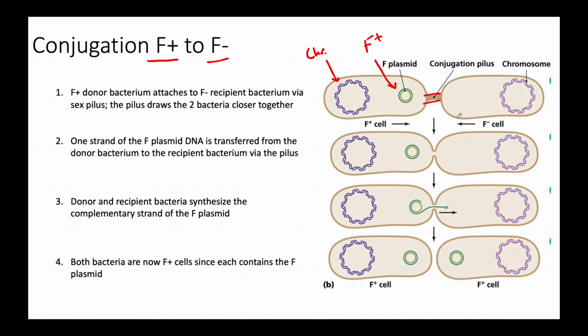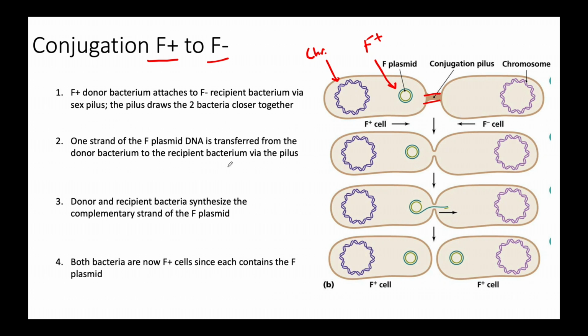So an F minus can't initiate this because it doesn't have the plasmid, but because the F plus has the plasmid, it has the information on how to form a pilus and start the process of conjugation. Okay, so that's what we see in step 1. The F plus donor makes the pilus and draws the two bacteria close together.